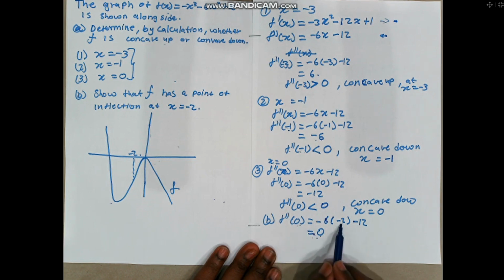Where x is equal to -2, we're getting 0.